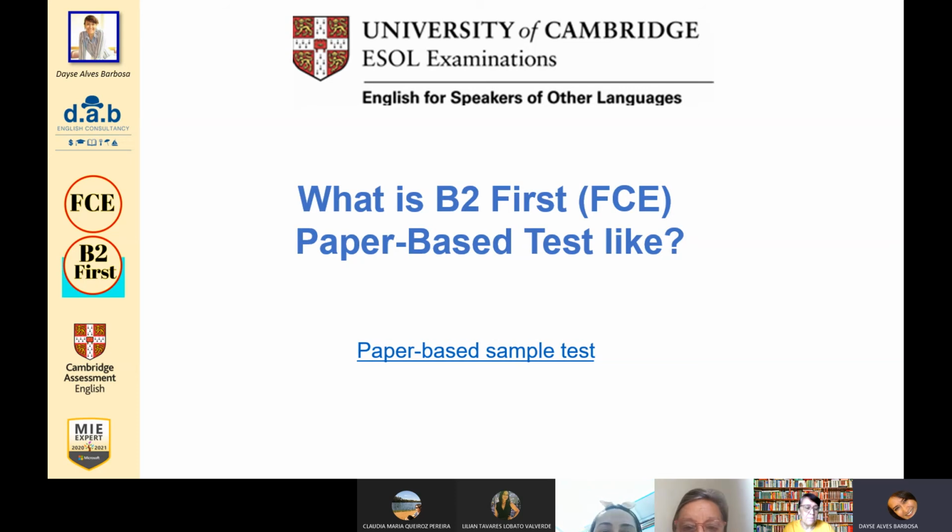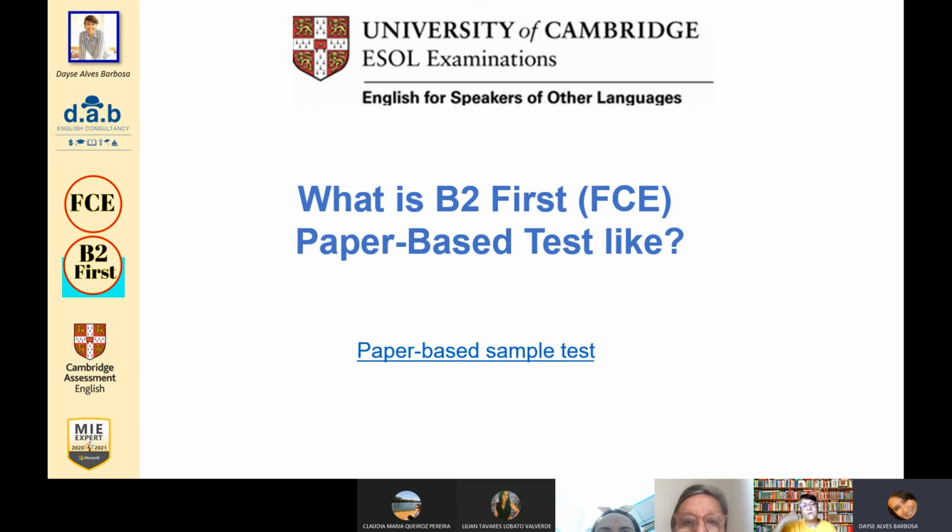Cultura Inglesa does it like that. On one date, you have reading and use of English, which is one paper, and listening and writing, and on the other date, you have speaking. Speaking is fast because it lasts about 15 to 20 minutes. So you go to the test center to do that.